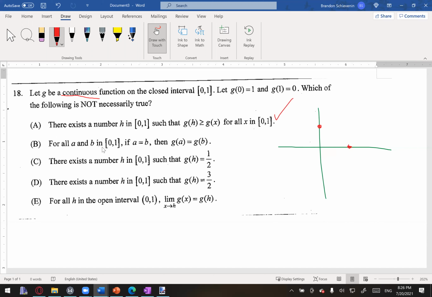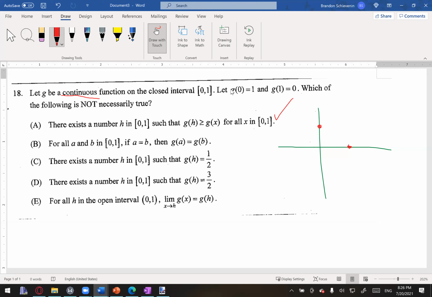For all a and b on our interval, if a is equal to b, then the y values are the same. Is that true or not true? What this really says is if a equals b, so if the x value is the same, then g of a equals g of b.